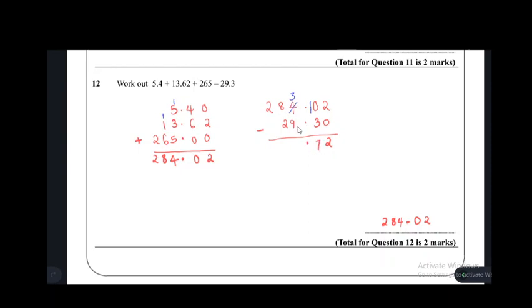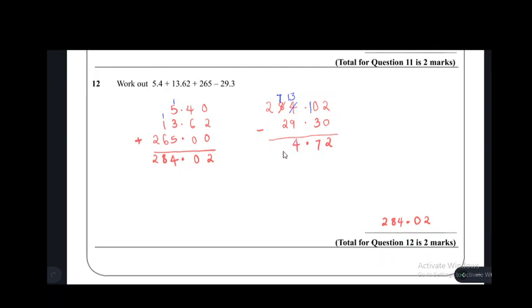Bring down the decimal point. 3 take away 9 is not possible, so I'm gonna have to borrow a 1, and if I borrow 1 from there, I'll remain with 7, and then here I'll remain with 13. 13 take away 9 gives you 4. Very good. Why do I keep forgetting about this color?